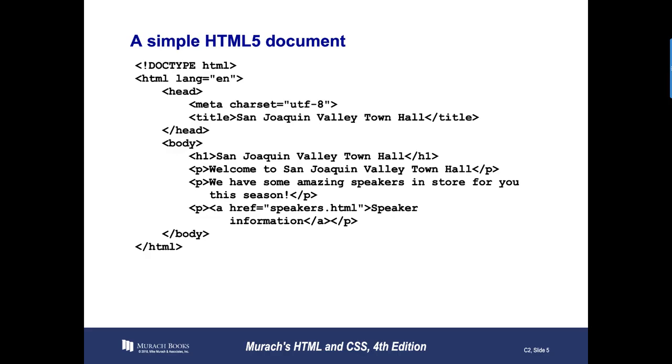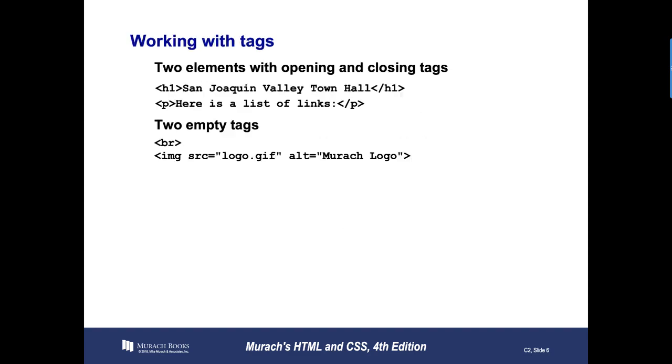And then you have this closing anchor tag. So speaker information gets highlighted, right, as being a link, and if someone clicks on either of those 2 words, it's going to direct them to speakers.html. And then we have the closing paragraph tag, the closing body tag, and the closing HTML tag.